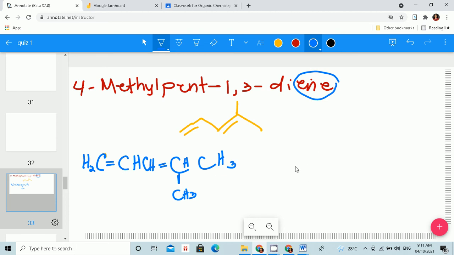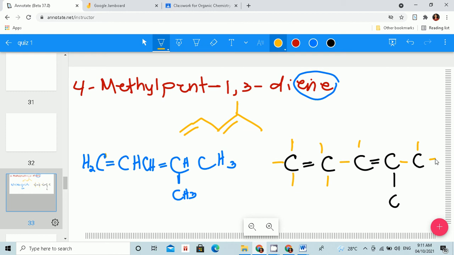Now let's go for the complete structure. Okay, for complete structure, let's write that one. So we have 1, 2, 3, 4, 5. Double bond here. And in carbon 3 also a double bond here. And then in carbon 4 we have CH3, methyl. Then this time, okay, distribute H. Okay, of course, this is a bond.